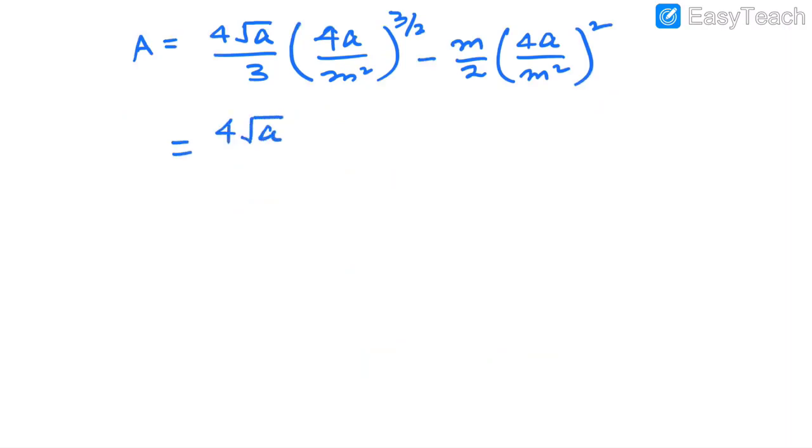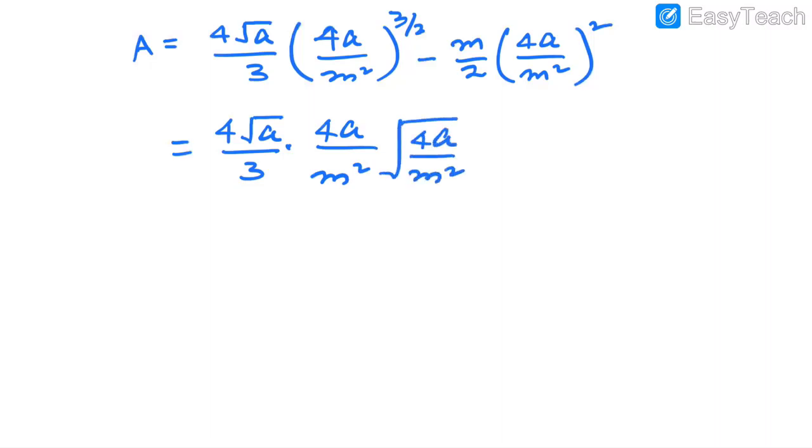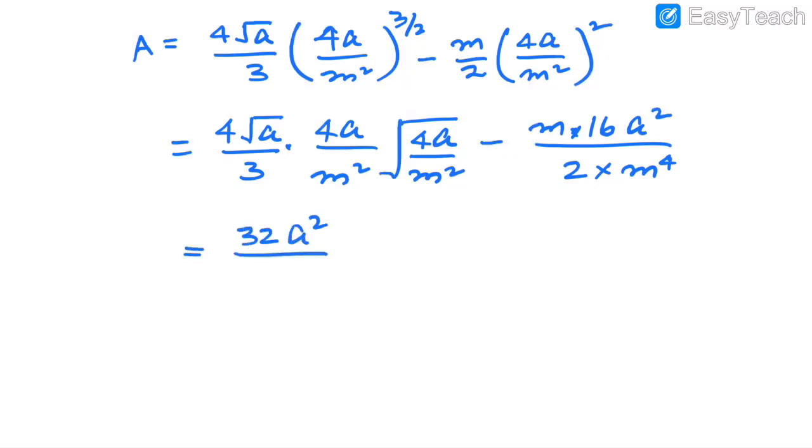Now putting the upper limit and the lower limit, we have this expression, and simplifying, we get 4 root a upon 3 into 4a upon m square whole power 3 by 2 minus m by 2 into 16a square upon m square into m power 4.